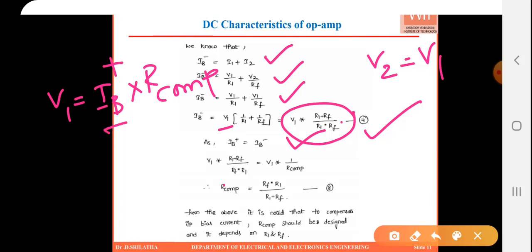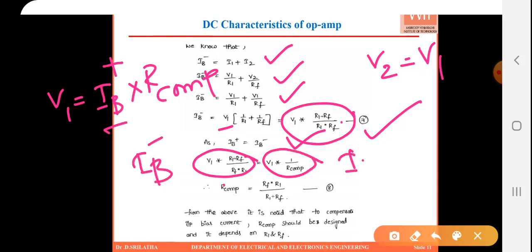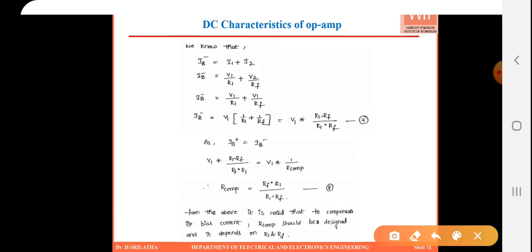This is IB minus using the previous expression, and this is IB plus. Usually both should be equal. From this we can write that the compensation resistance R comp is equal to R1 RF by R1 plus RF.